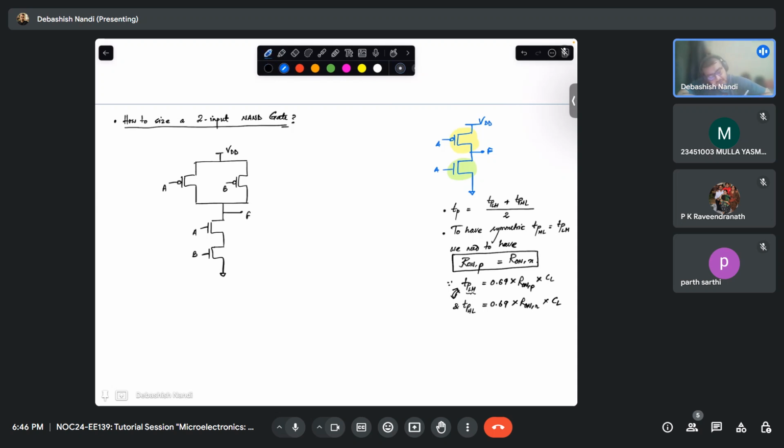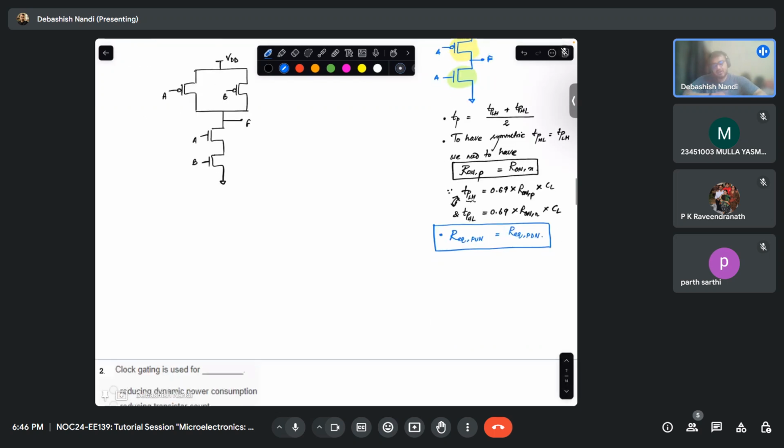Now I want to read it as R for a larger circuit. I will have multiple combinations of PMOSs in the pull-up network and multiple combinations of NMOS in the pull-down network. So read it as R equivalent of PUN is equal to R equivalent of PDN. Okay. So this is the condition which will lead us to sizing of the CMOS inverters.